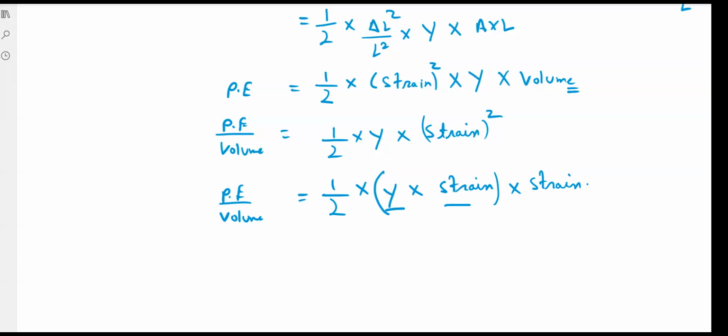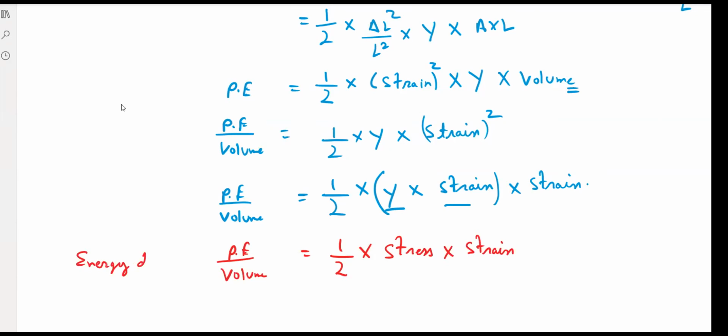Stress. Very good, right? Very good, Jaita. So can I say it is half into stress into strain? It is potential energy per unit volume. And this is also called as energy density.